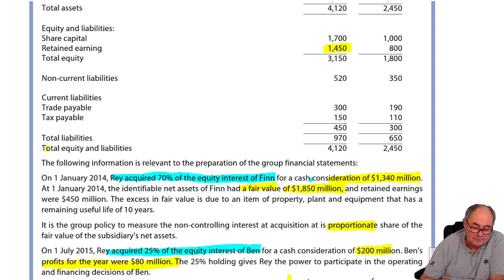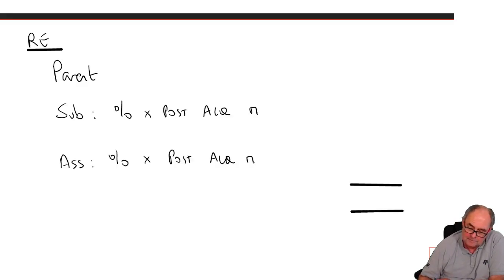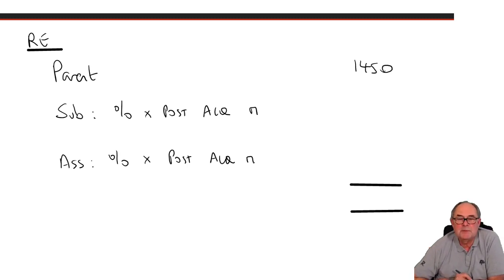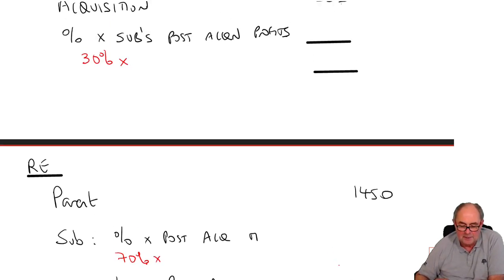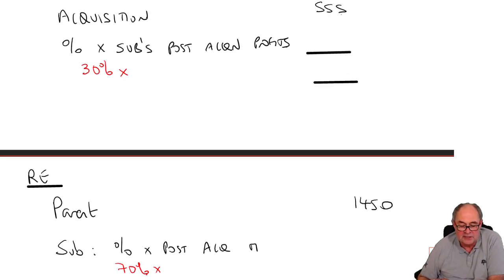Straightforward. Subsidiary, well, I know I've got 70%, but we've got the same problem as within NCI. Working out the post-tax profit of the subsidiary is going to be a mess. Leave it for a minute.